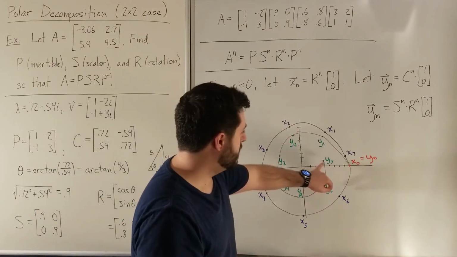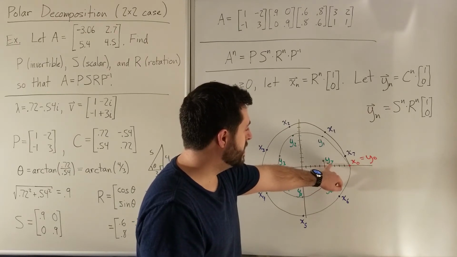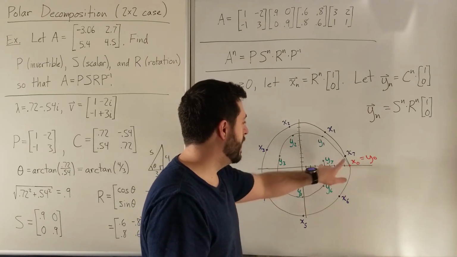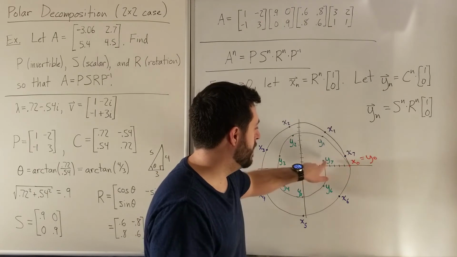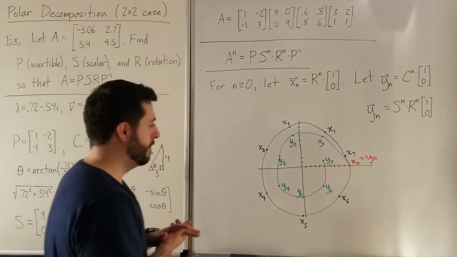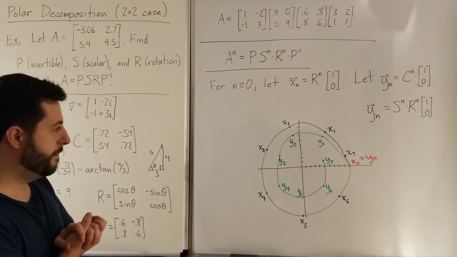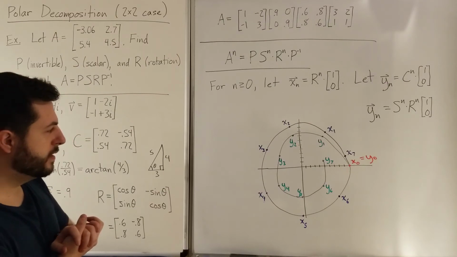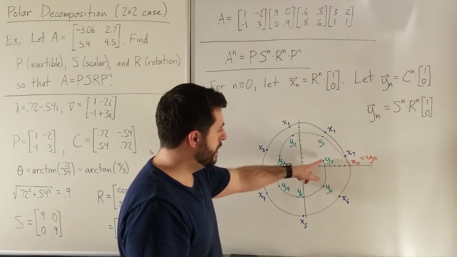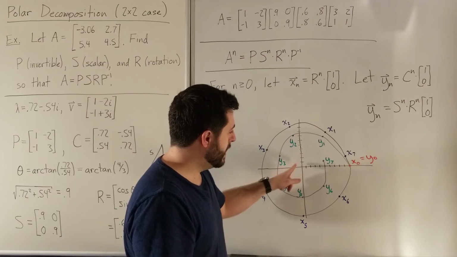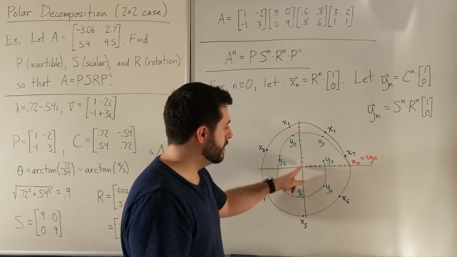Just to note, 0.9 raised to the 7th power is a little less than 1/2, so this has come in by a factor of a little less than 1/2. So we can keep going like this, and we're just going to keep spiraling in towards the origin.